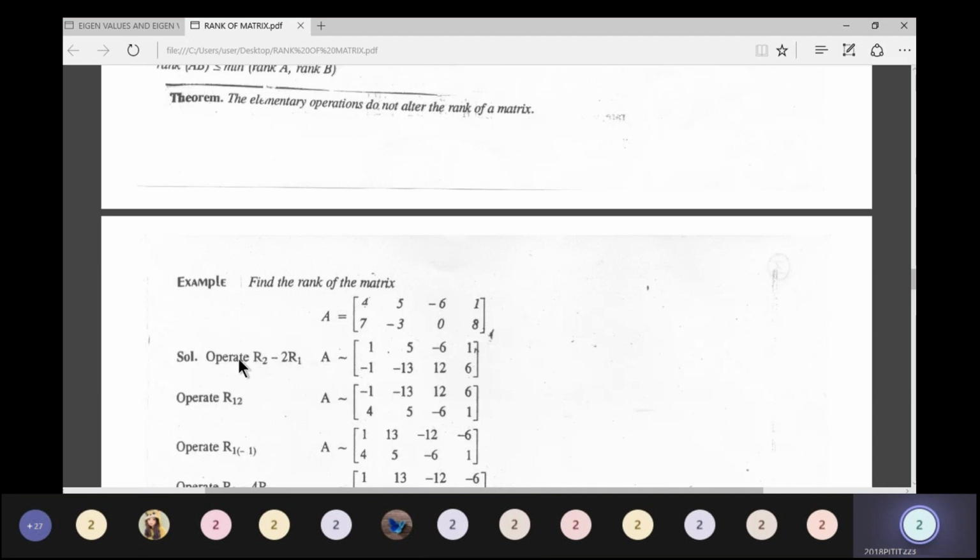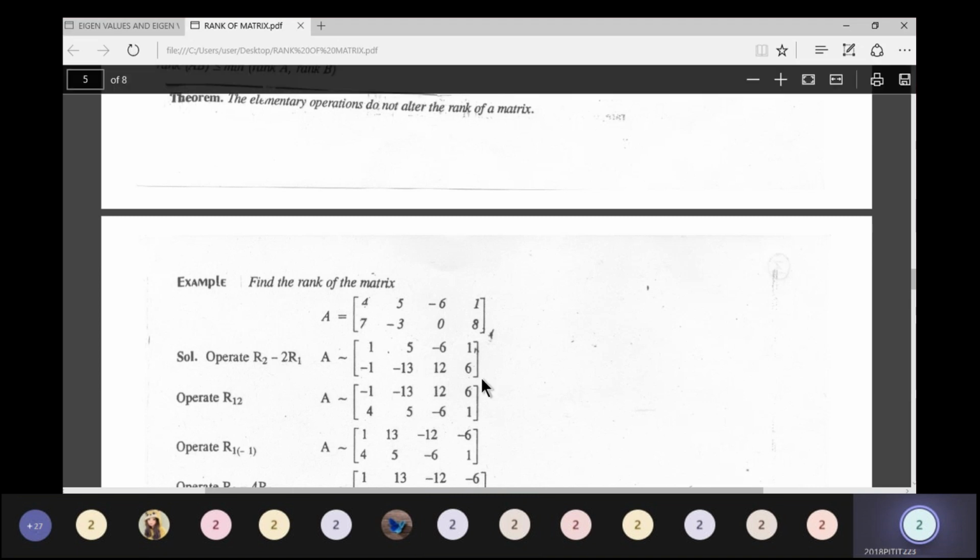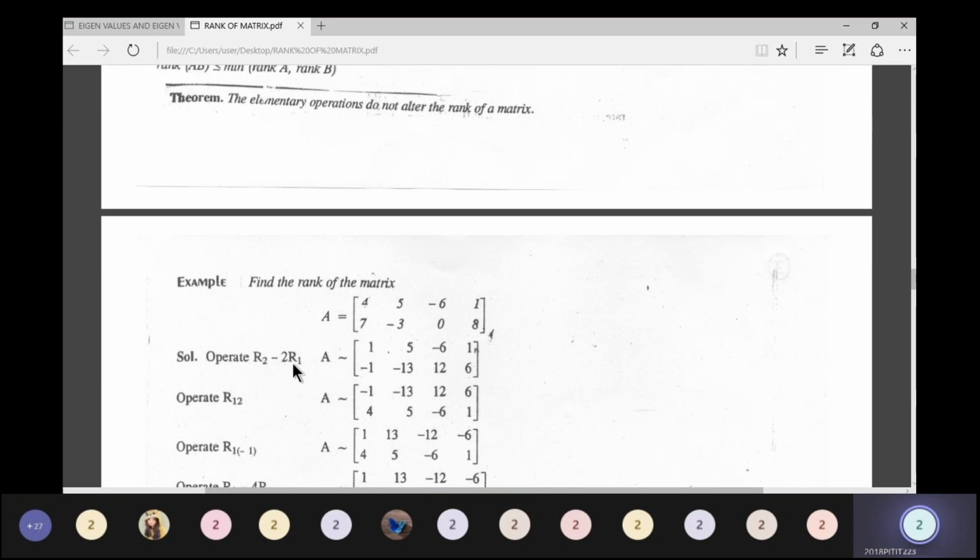So I am applying row elementary transformation. I want to make this term 0. So what do I do? Operate R2 minus 2R1. So what we have done, see, operate R2 minus 2R1.